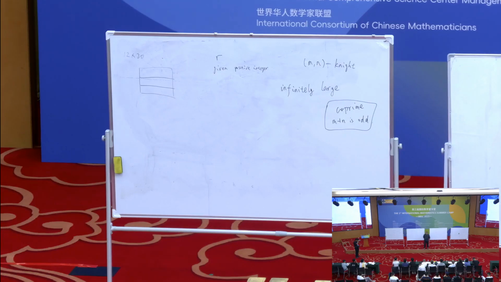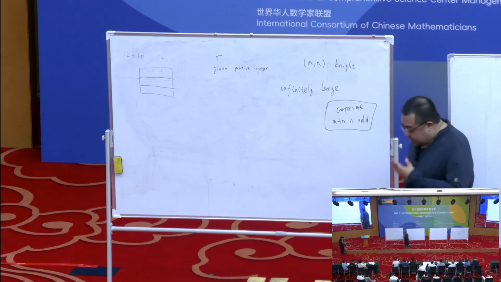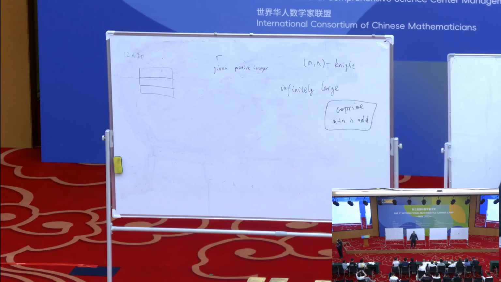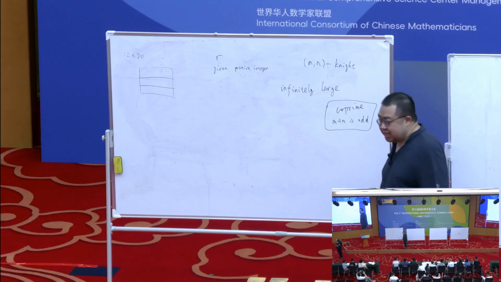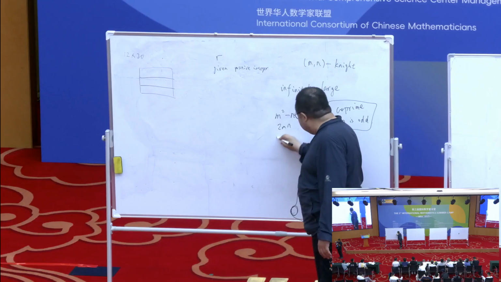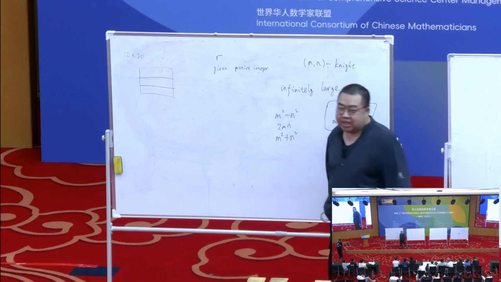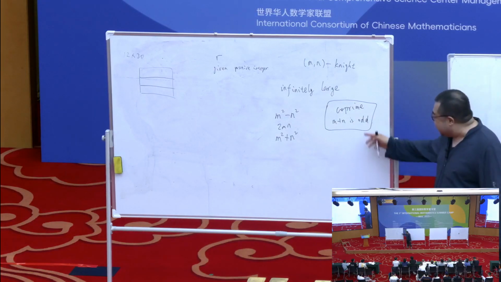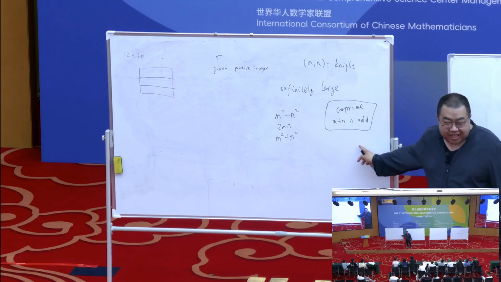Do you remember the formula for primitive Pythagorean triples? M squared minus N squared, 2MN, and M squared plus N squared, right? And for this triple to be primitive, we need exactly these conditions, right?